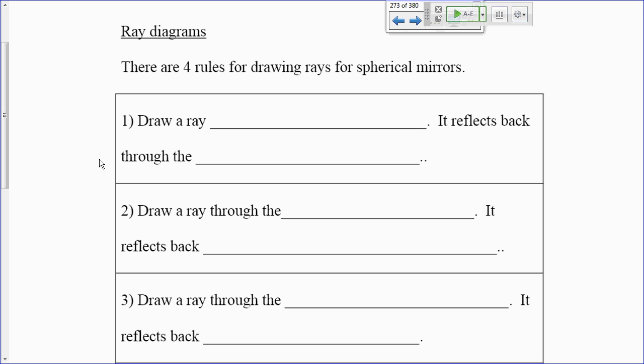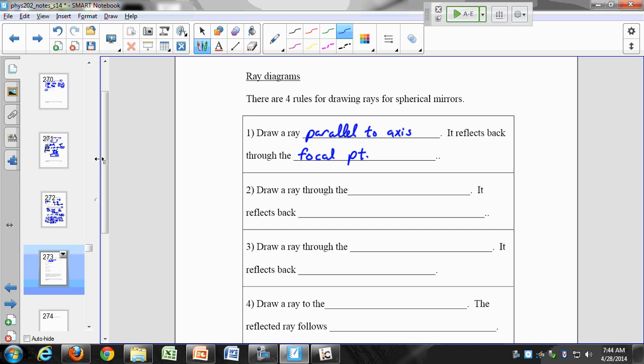The first rule is you draw a ray parallel to the axis, and then it reflects back through the focal point. This is how we define the focal point. The second, you draw a ray through the focal point, and it reflects back parallel to the axis.